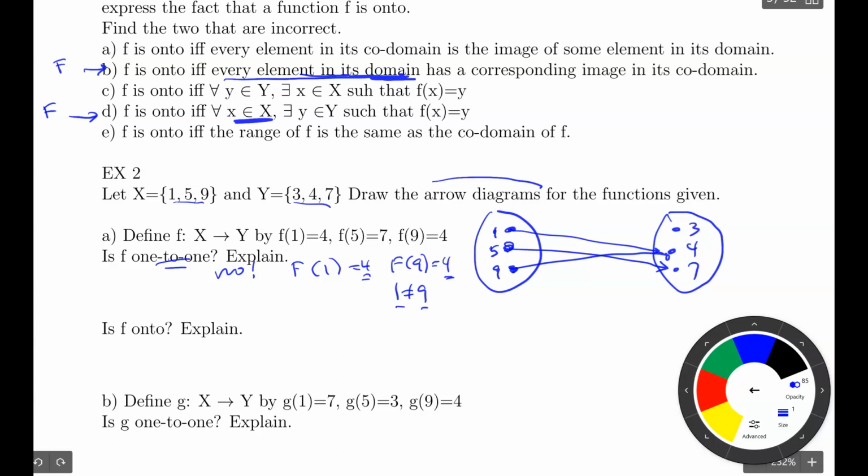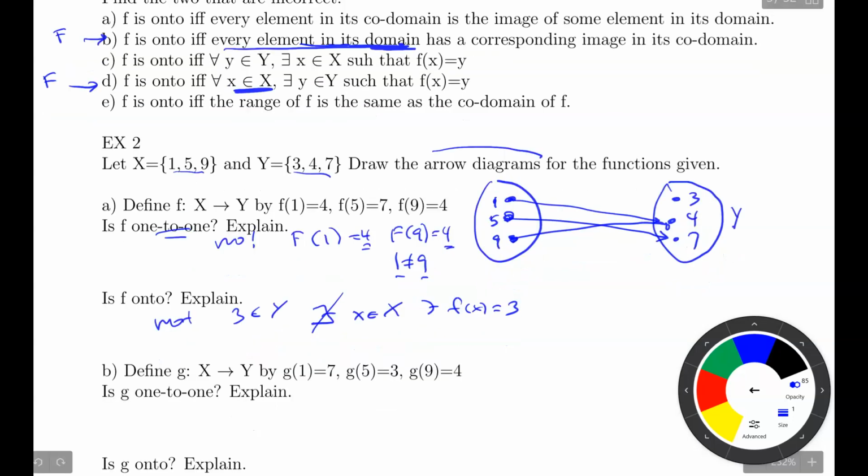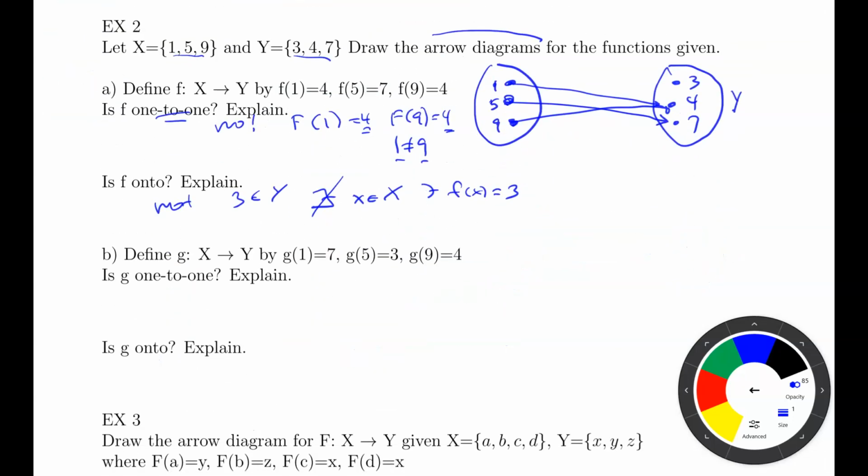It's not the same x value, right? Is it onto? Or is every value in the y have some x value that goes to it? No, right? 3 is an element of the y, and there does not exist an x in the x such that f of x equals the 3. So it doesn't exist.